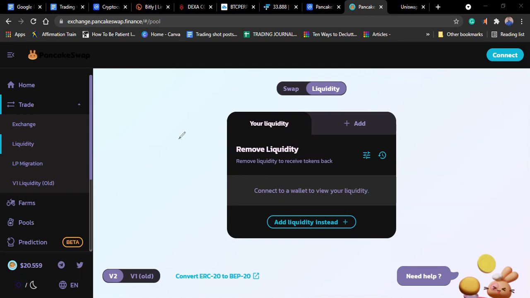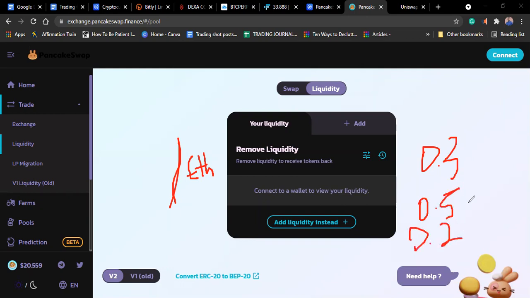Now, when there's someone that wants to buy and there's someone that wants to sell, maybe one person wants to sell one Ethereum, another person wants to buy, let's say 0.3 Ethereum, another person wants to buy 0.5, another person wants to buy 0.2. If you add up all this, what does it give you? It gives you one Ethereum.